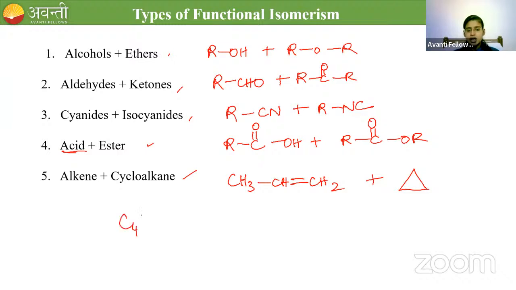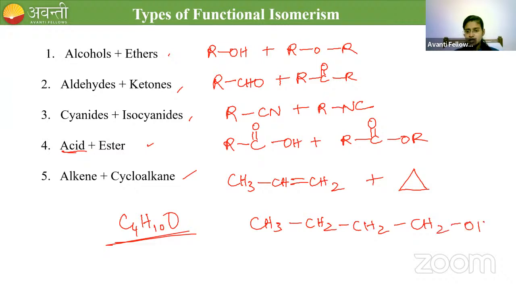C4H10O. If this is the compound formula, then it is a formula for alcohol, because it is CH3, CH2, CH2, CH2 and OH. Check here, we have 4 carbons, right? 4 carbon and 10 hydrogen and 1 oxygen we have.